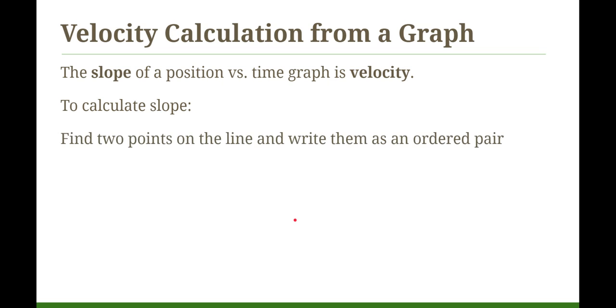And then the way to calculate slope is to find 2 points on the line, write them as an ordered pair, and then use this formula in order to find the slope.